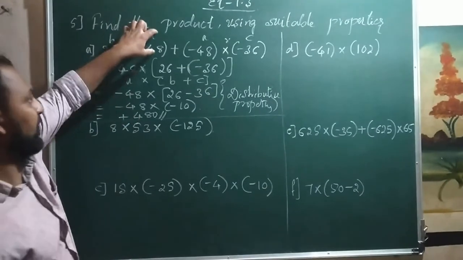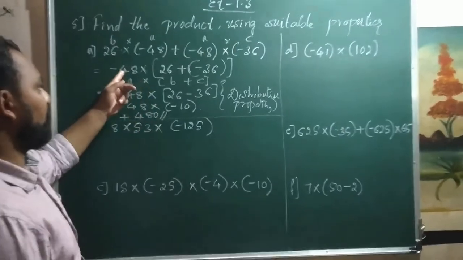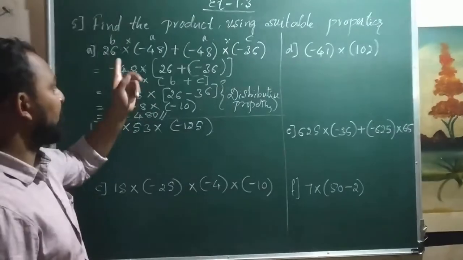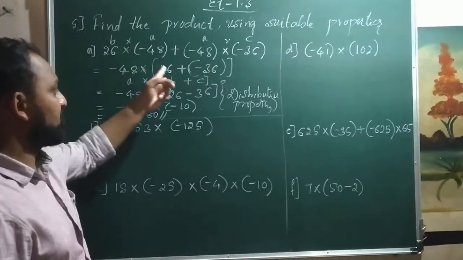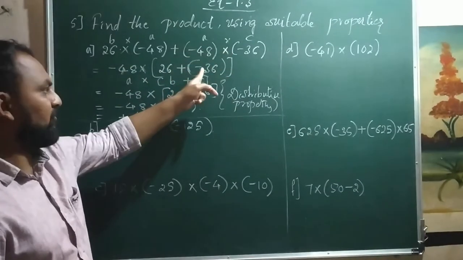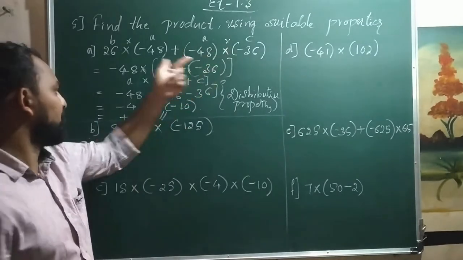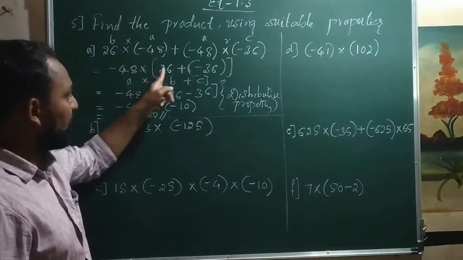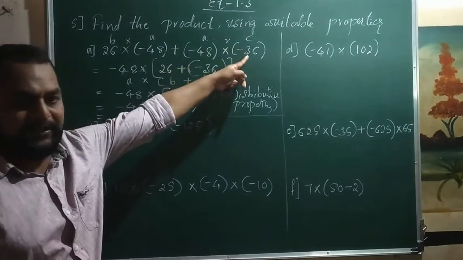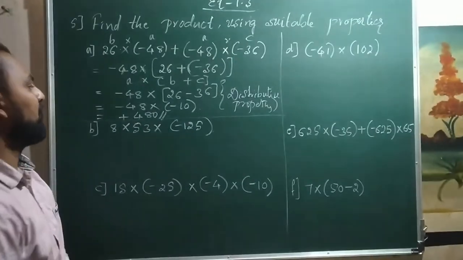Here A into B, A into C. Take minus 48 as common, into the remaining value 26 plus minus 36. A into B plus C is the distributive property.